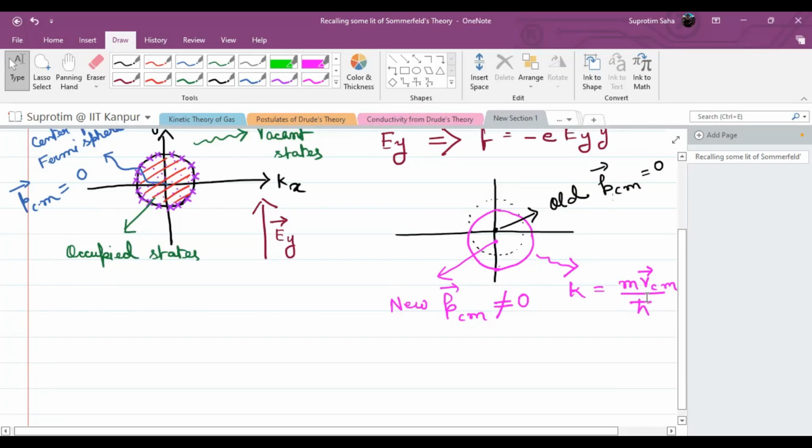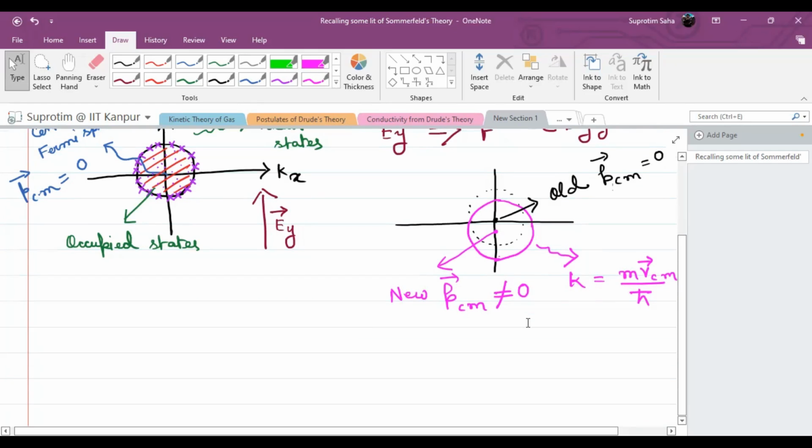We knew about the density of states. We knew about the Fermi sphere, Fermi wave vector, Fermi velocity, and all those kinds of things. Now, what we are interested in is to learn about the specific heat of the electron gas inside the metal.